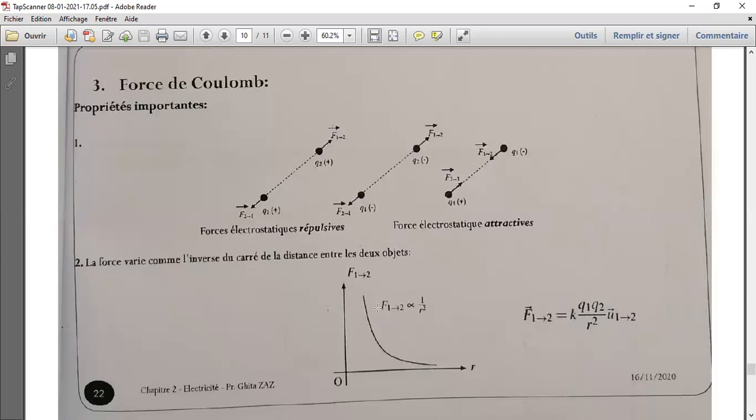You see that in your graph the force will be reducing, and the more your R becomes bigger, the more your force becomes small. It's an inverse proportion: when the distance becomes bigger, the force reduces.